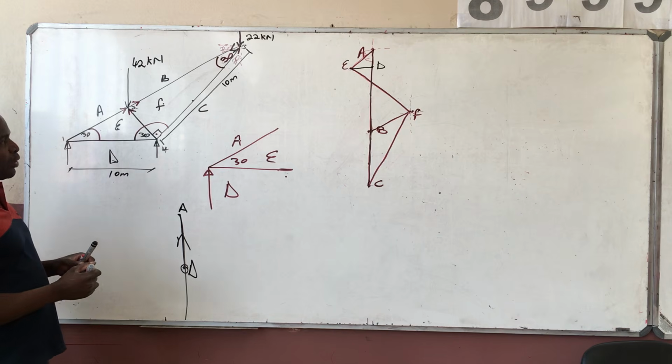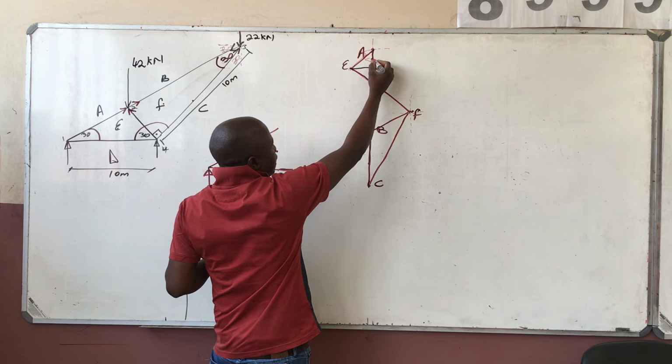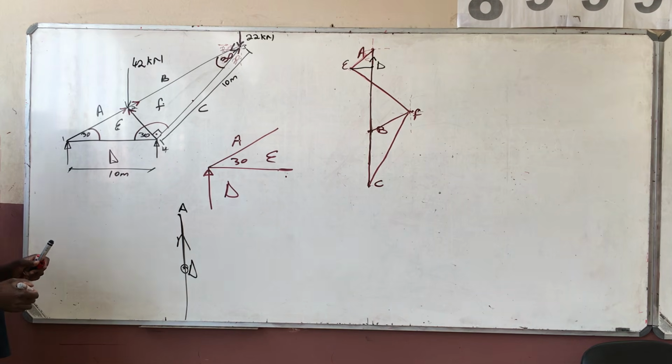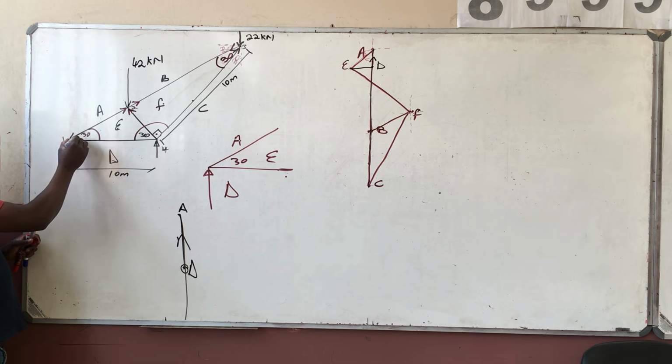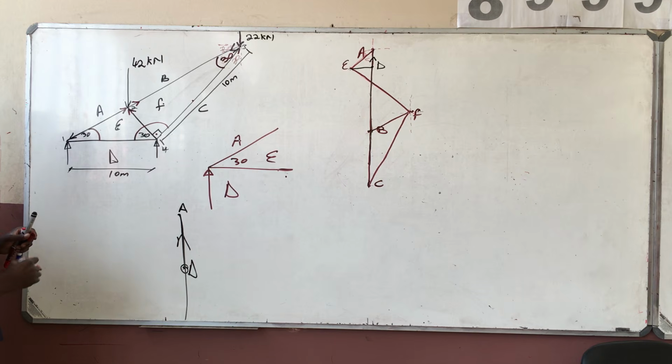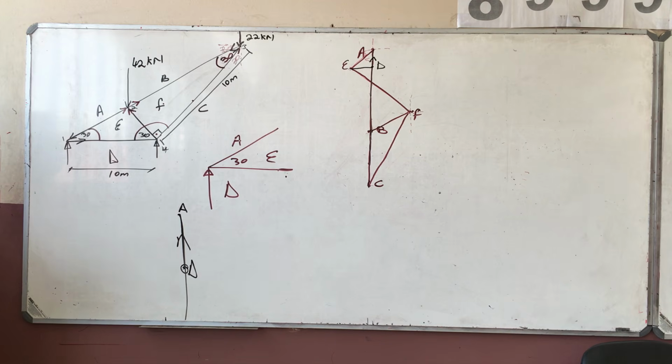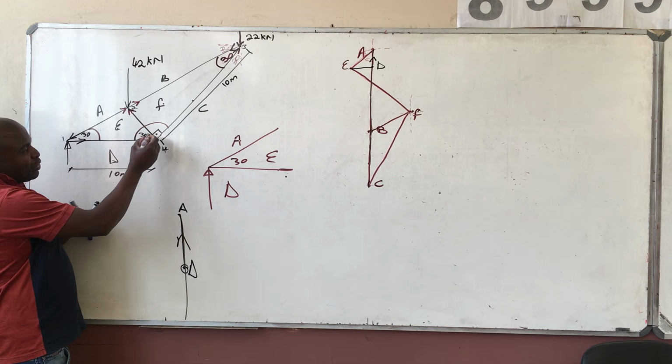So now, following the arrows, AD is going up, AE is going down, then ED is going that side. So if you check, even this point is already out. The only thing which remains is to finish the arrows. So the arrow here, in which direction?